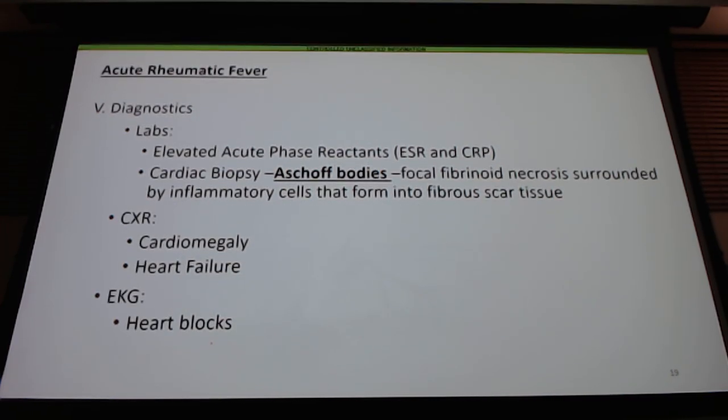And if you still are not convinced or don't know exactly what's going on, you can do a cardiac biopsy. If it is acute rheumatic fever, it's going to be described as Aschoff bodies being present on that biopsy sample.